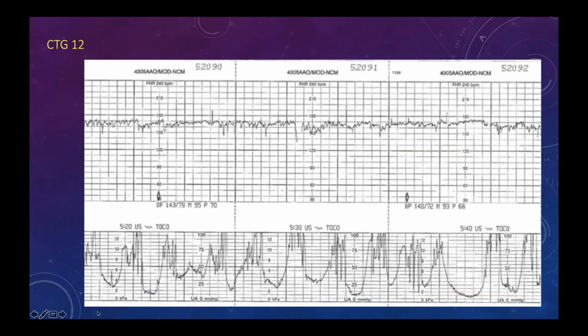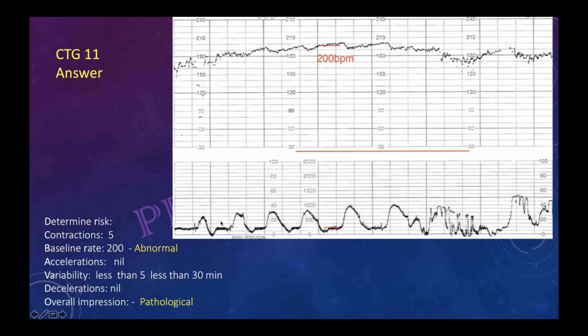And why is this not a deceleration? There is a drop in fetal heart rate from a baseline of 190 to 170 beats per minute, and the onset to the peak of the deceleration is more than 30 seconds, and it started after the contraction. So shouldn't that be a late deceleration?